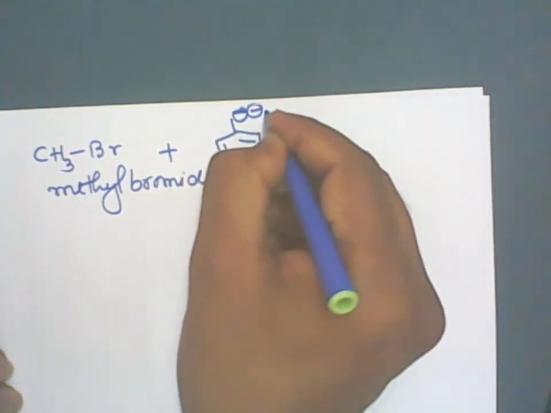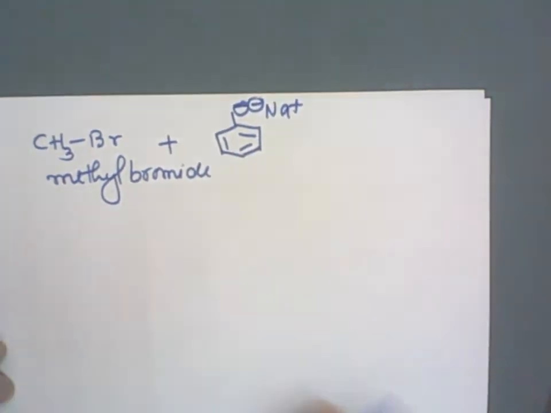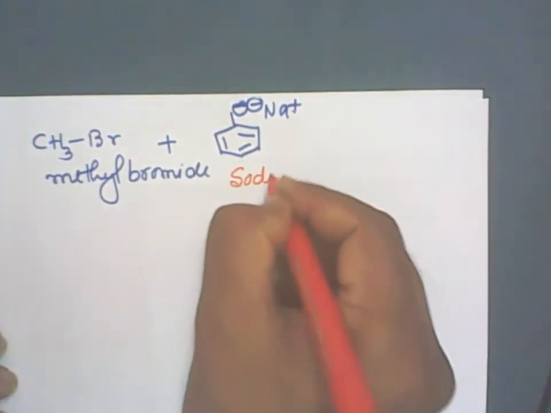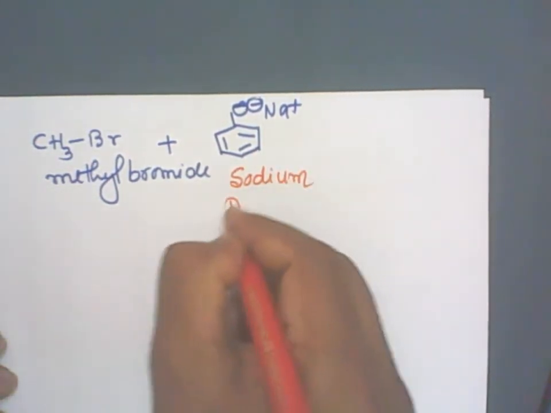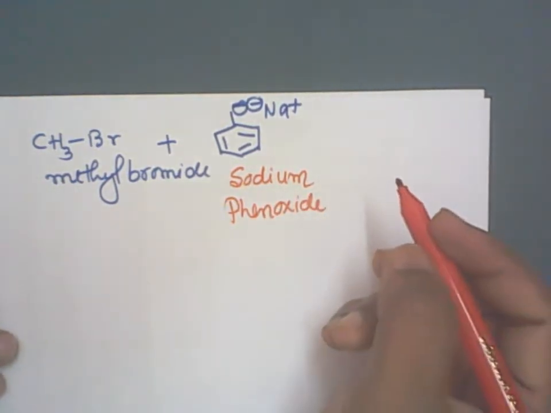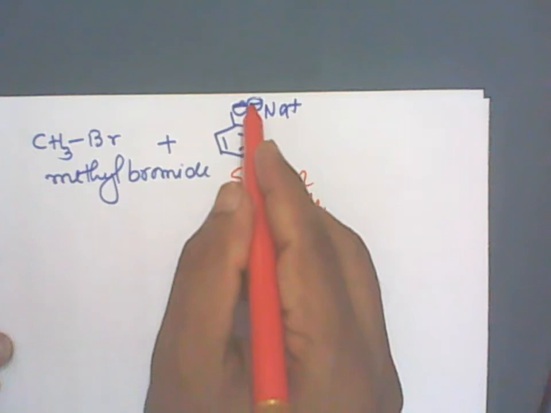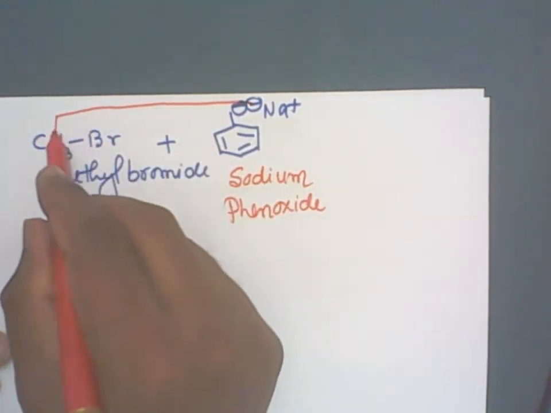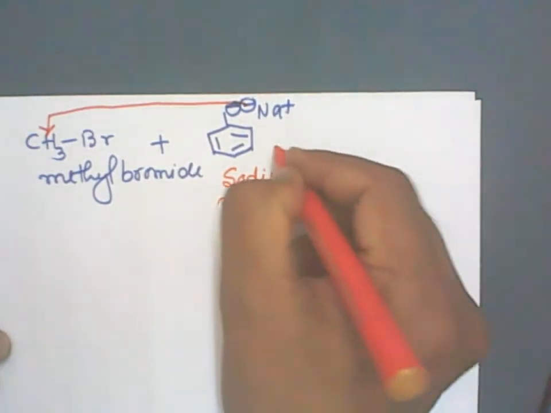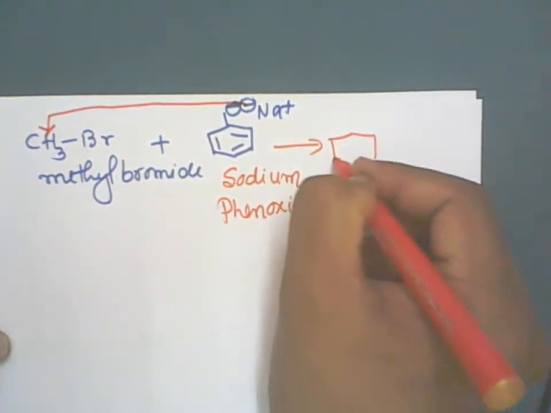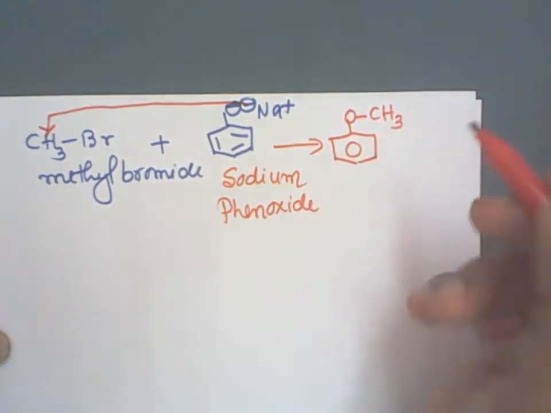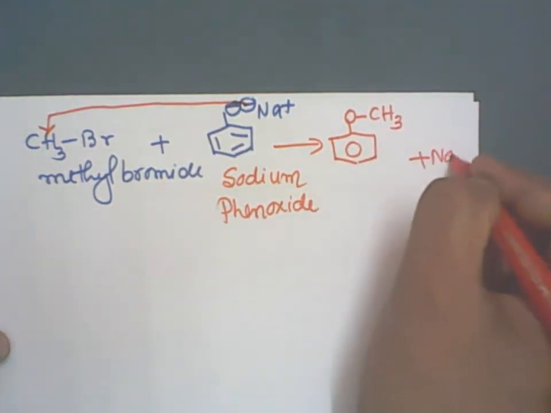This is sodium phenoxide. Clear? The O minus acts as the nucleophile, attacks the carbon atom, and Br goes out, to give a benzene ring attached to the oxygen, then attached to the CH3. The side product is sodium bromide.